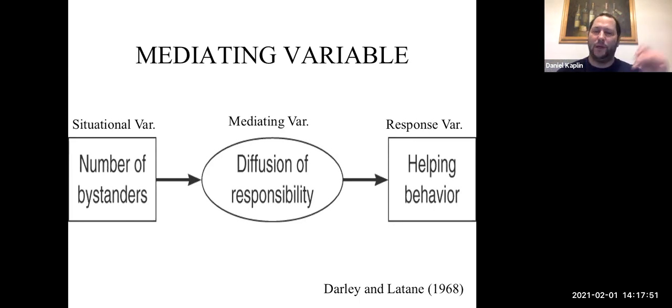And that's important to think about, right? Now, as I said, Darley and Latané did several studies on this, and they did find consistently that as the number of bystanders increases, helping behavior among the bystanders decreases. And that's pretty crucial.